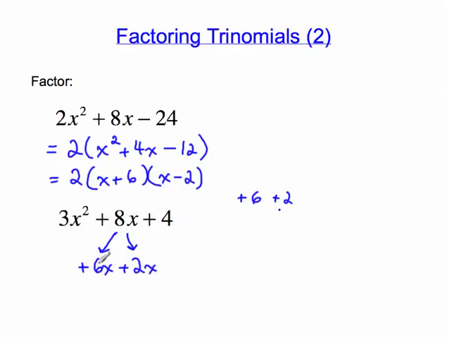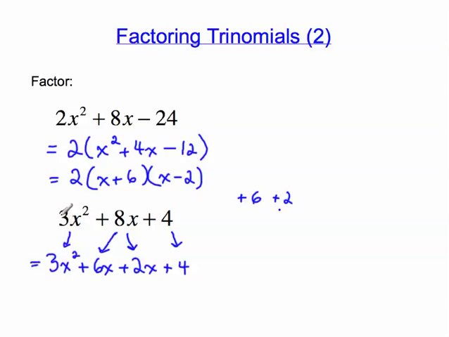Notice if you add these back up, you get this. So we've decomposed it into these two different terms, and we bring the first and last terms from above down unchanged. So this is what the next line of your factoring would look like.